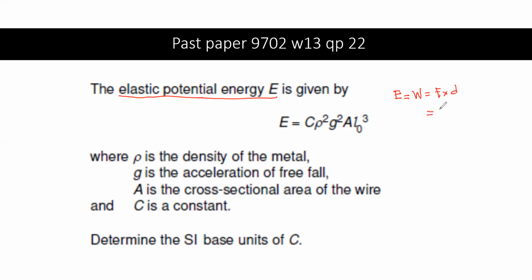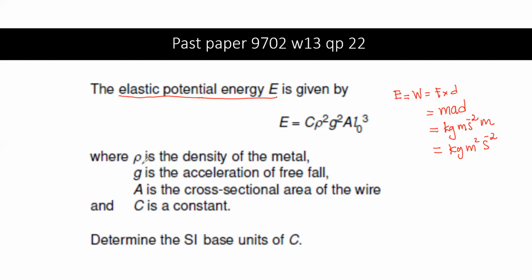Force is mass times acceleration, times d. So we input the units: kilogram, meter, second minus 2, meter. Simplify: kilogram meter square second minus 2. This is the unit of elastic potential energy.